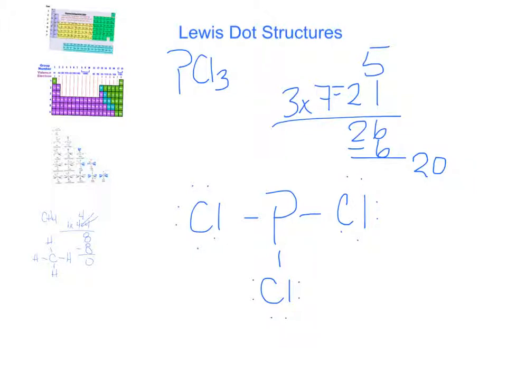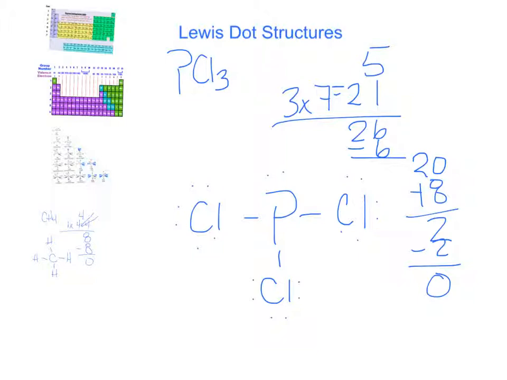Let me just show it to you. 2, 4, 6, 8. Do that for all 3 of those. So 6 times 3 is 18. Minus 18 gives us 2 left over. And phosphorus, as the central atom, still needs 8, so we add 2 dots there. We added 2, so we get that down to 0. So that is our Lewis-dot structure for PCl3.